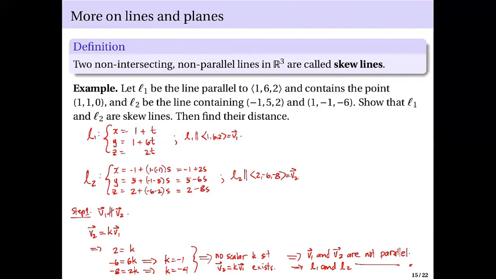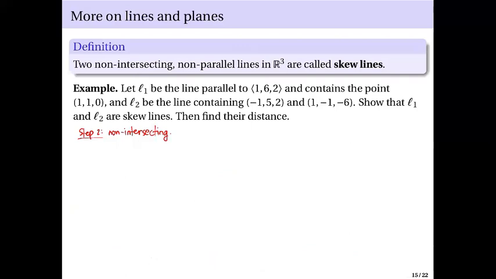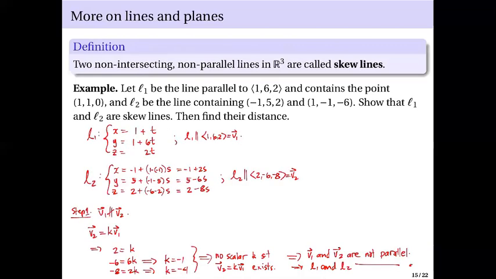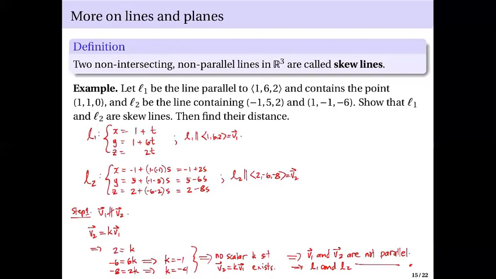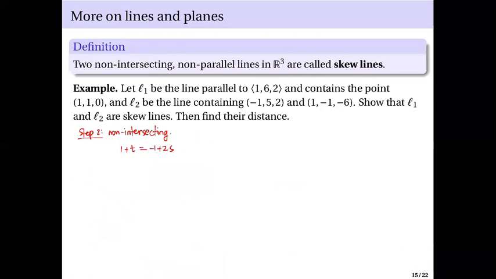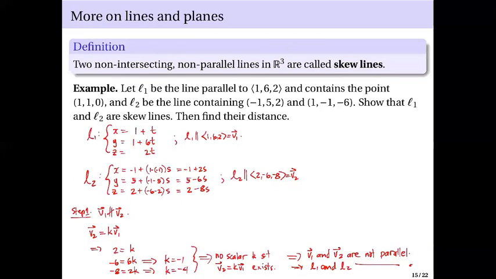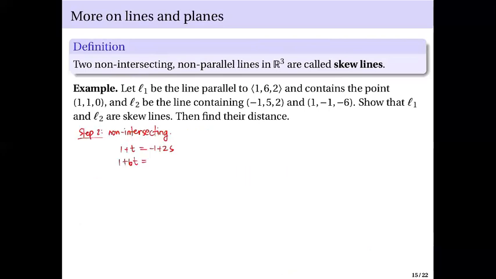Okay? So for the first one, 1 plus t equals minus 1 plus 2s. For the second one, you have 1 plus 6t equals 5 minus 6s.